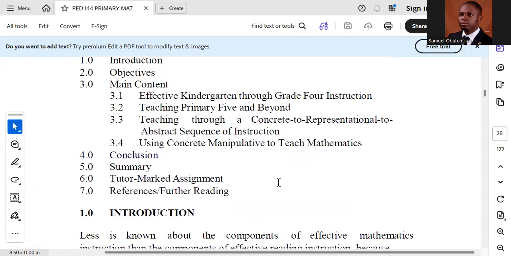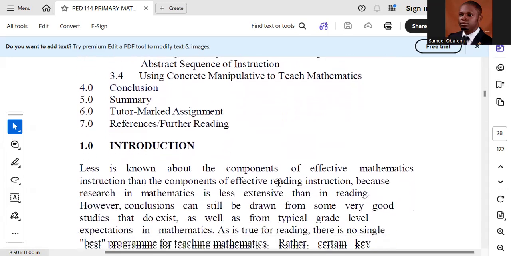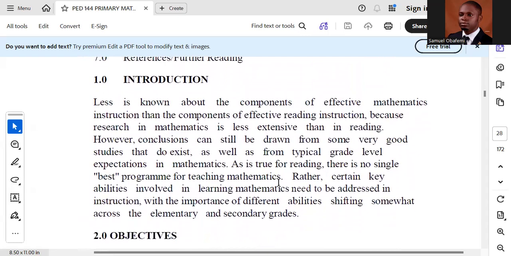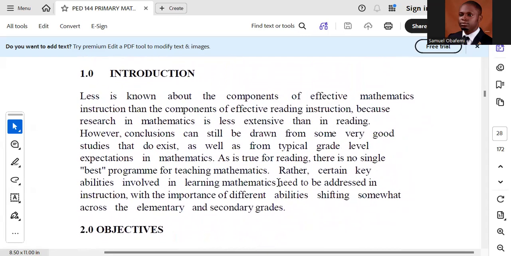We'll look at the following main content: effective kindergarten through grade 4 instruction, teaching primary 5 and beyond, then teaching through a concrete to representational to abstract sequence of instruction, using concrete manipulatives to teach mathematics. Those are the things we will look at in this unit, where I pray we will have the time.